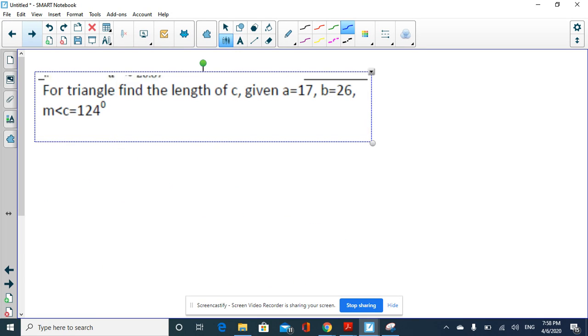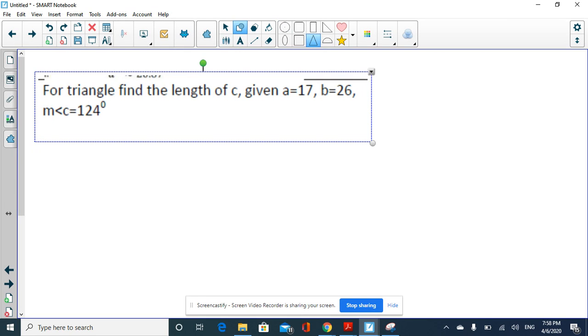What about the next question? We have triangle ABC. Find the length of c, given a, b, and measure angle C. So now we are going to draw the triangle.